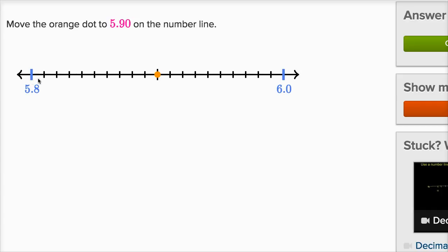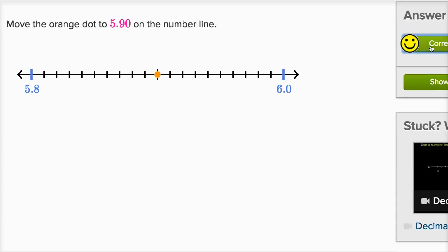They've divided each tenth into 1, 2, 3, 4, 5, 6, 7, 8, 9, 10 sections. So each of these represents a tenth of a tenth, or a hundredth. So for example, this would be 5.81, 5.82, 5.83, 5.84, 5.85, 5.86, 5.87, 5.88, 5.89, 5.90. So either way, I think we got it.